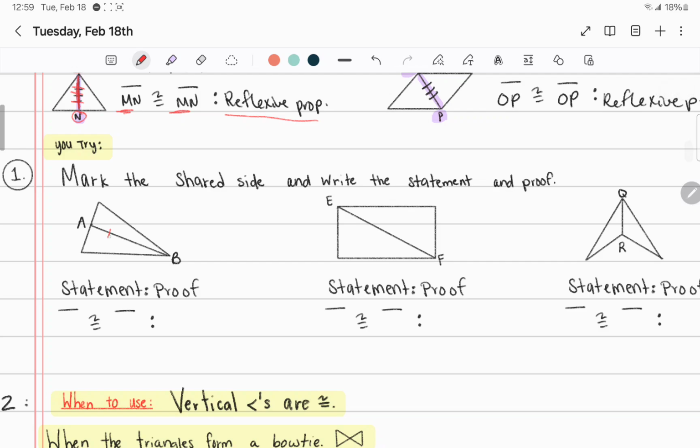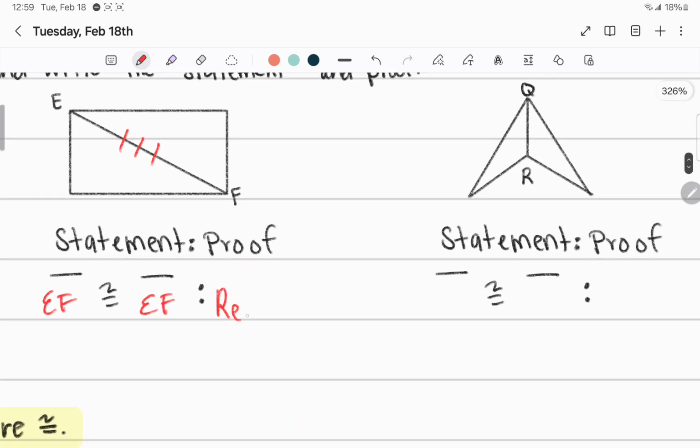So my shared side is 1, 2, 3, A, B, reflexive. That's how easy that is, guys. Reflexive property. 1, 2, 3, E, F, reflexive property. Again, I'm marking the shared side. Reflexive property.